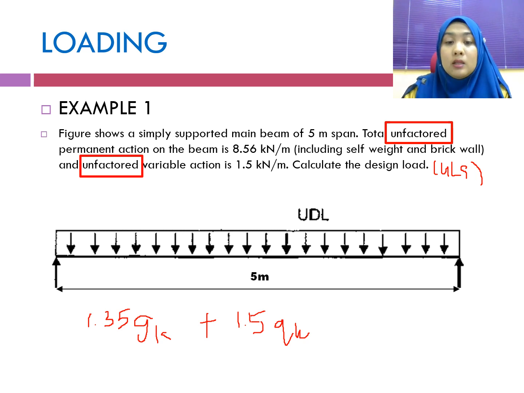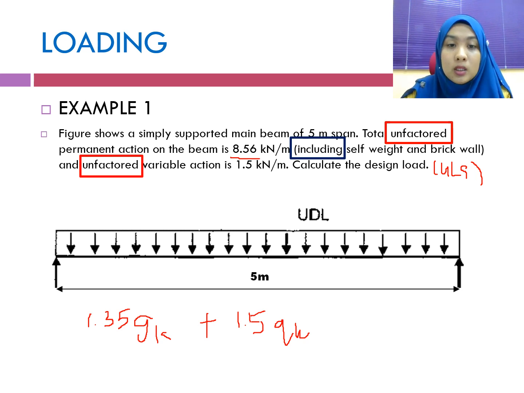Okay, so you substitute, and another thing it mentions is that the value of 8.56 kN per meter includes self-weight and brick wall. It means this value includes the beam self-weight and also the brick wall. So you don't need to calculate a separate value for self-weight and brick wall.